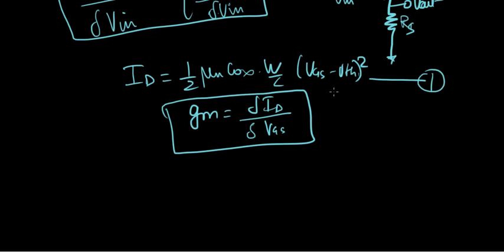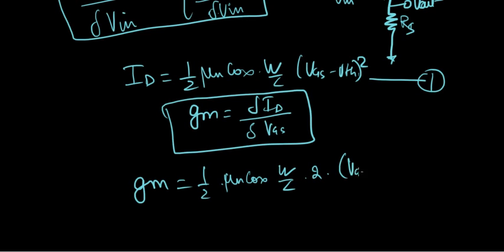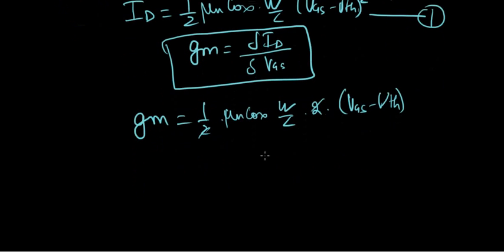What we get is GM equals half times μn Cox W/L times 2(VGS − VTH) times 1. So the 2 cancels. I'm not explaining it since I've done it before in the transconductance lecture. So GM = μn Cox W/L (VGS − VTH).